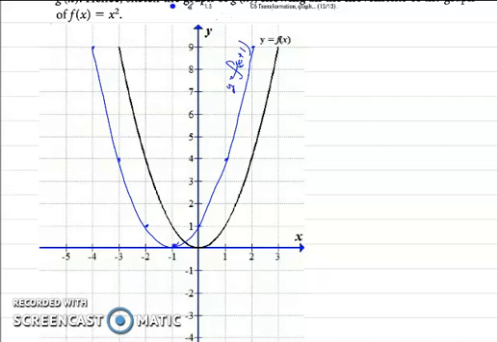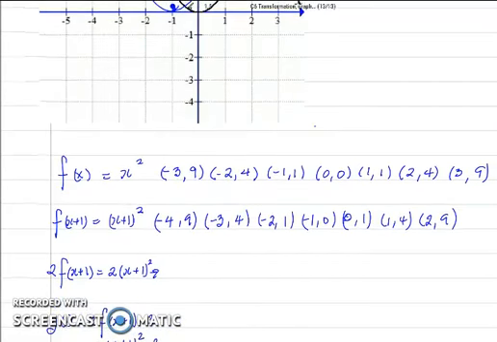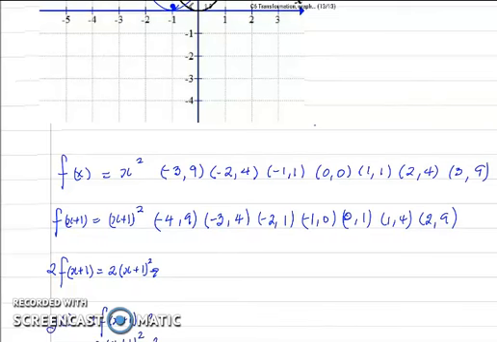All right, so next is 2 times f of x plus 1. This is a vertical stretch by a factor 2. The x coordinates are going to remain the same. The y coordinates increase. You multiply the y coordinate by 2, so this is minus 4, 18, minus 3, 8.